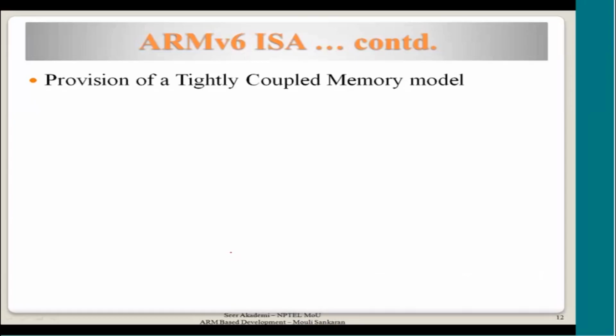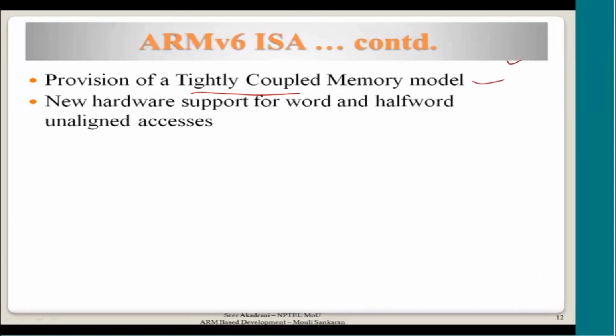Similarly, I gave a small introduction about tightly coupled memory in the previous lecture. So that support has been given from ARMv6. New hardware support for word and half-word unaligned access. So if you recall ARM7TDMI, the word accesses have to be 4-byte aligned.